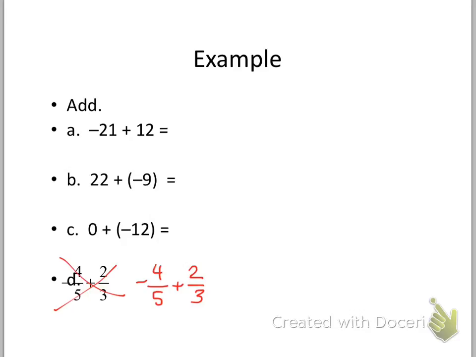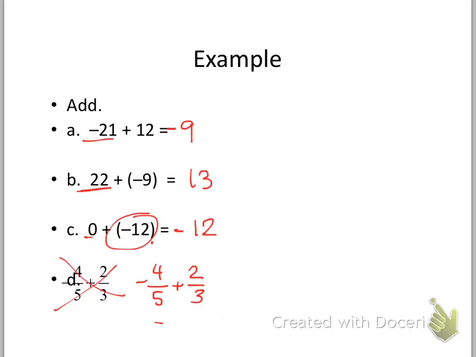The difference of 21 and 12 is 9. 21 is the bigger absolute value, so I keep it negative. 22 and -9, different signs, so I find the difference. 22 minus 9 is 13. The bigger absolute value is positive, so my answer is positive. Same sign or different? Different. I find the difference. Keep the sign of the larger absolute value.